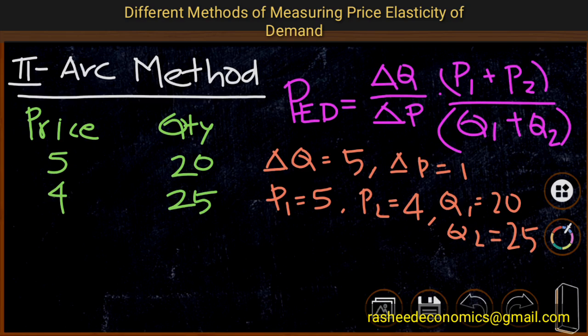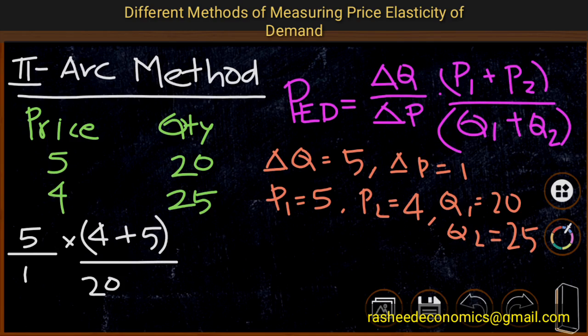Now we are going to apply these values into the above formula. Now we have delta Q by delta P, that is 5 by 1, into P1 plus P2, that is 4 plus 5, divided by Q1 plus Q2, that is 20 plus 25.